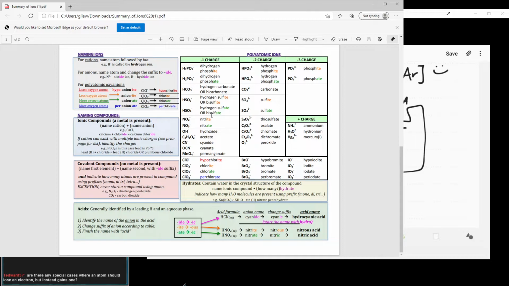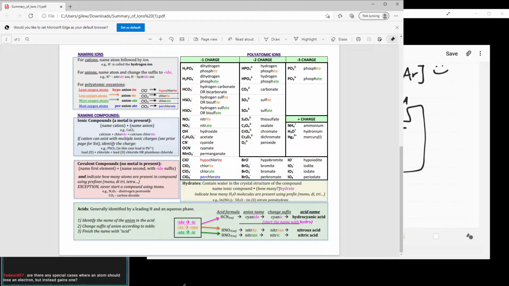You'll want to memorize not only the formula with the charge, but also the various names that accompany it. Especially if you're continuing on in chemistry, you're going to see we use these all the time, and it's going to be a real time drag if you have to go and look them up every single time. So, all right, cool.